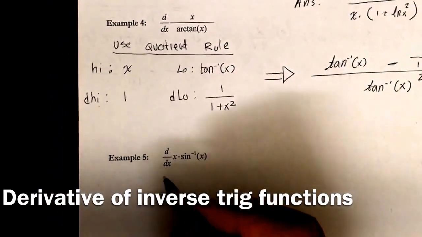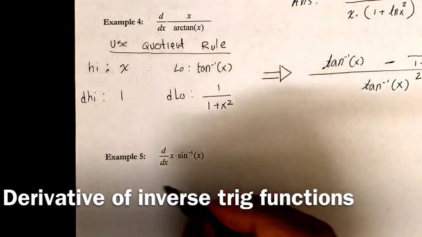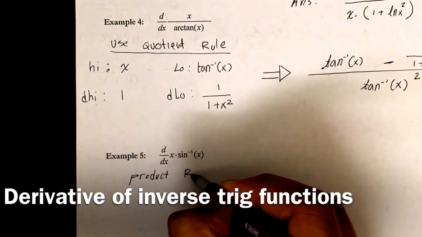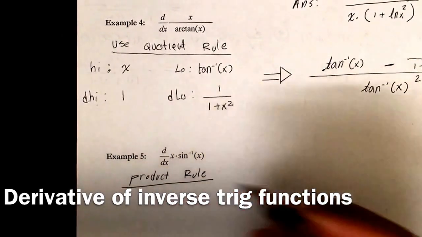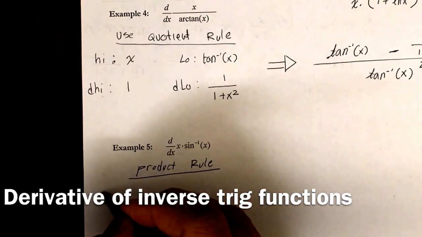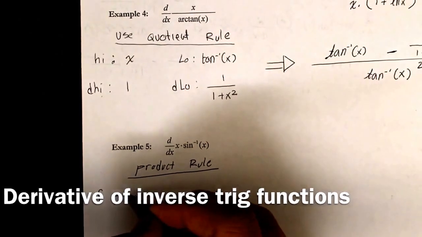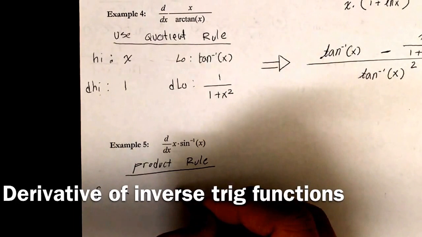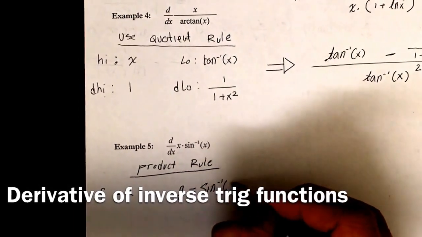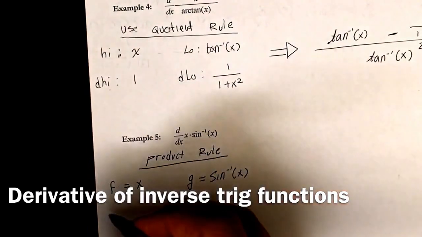All right, the last example, guys, this is the product rule, because we're looking at the product of two functions. So product rule, call the first function f, and that's x. Call the second function g, and that's the inverse of sine.